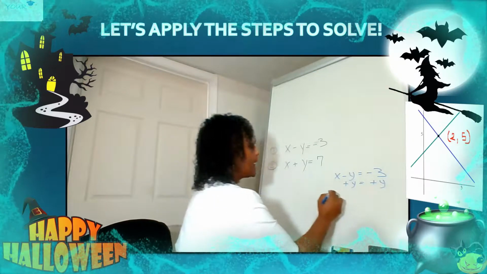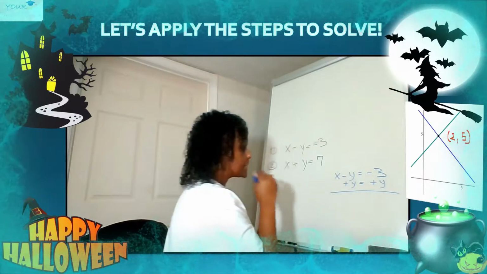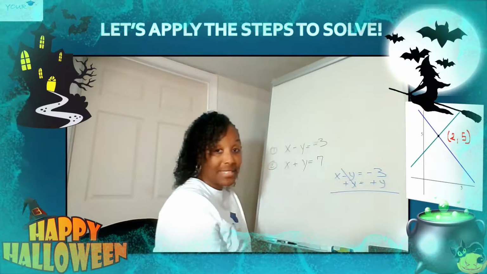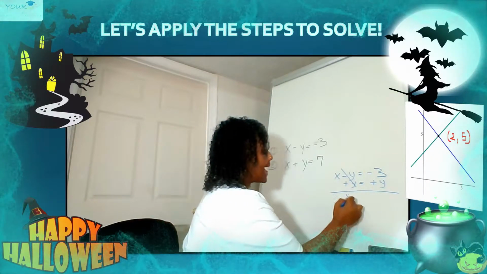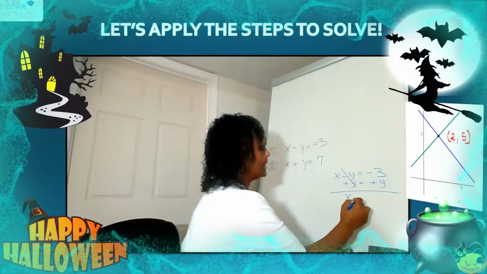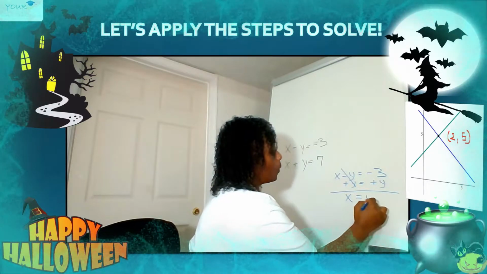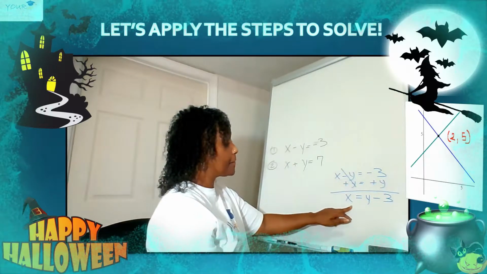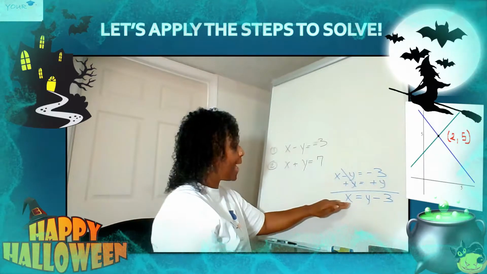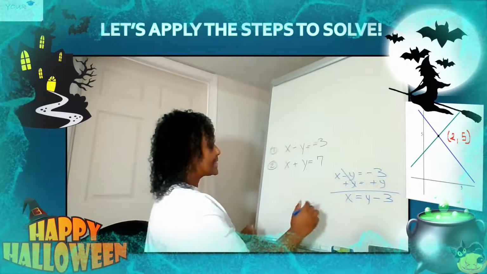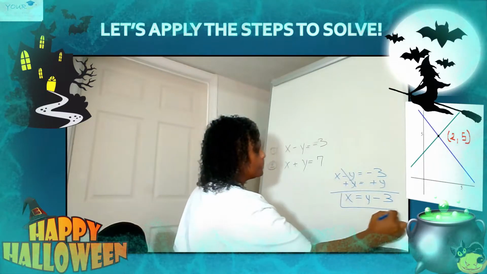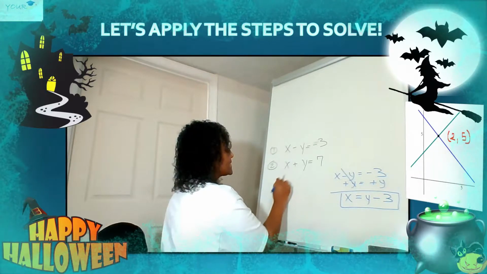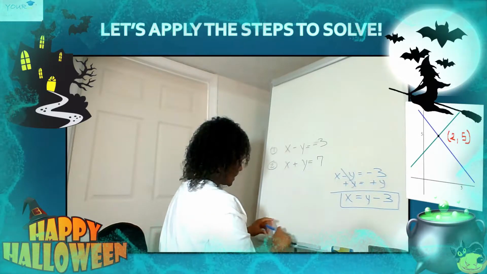That allows me to eliminate the y's on my left side, leaving me with x isolated equals y minus 3. So now I have the expression for x, and I can take this information and insert it into my second equation. Let's do that.